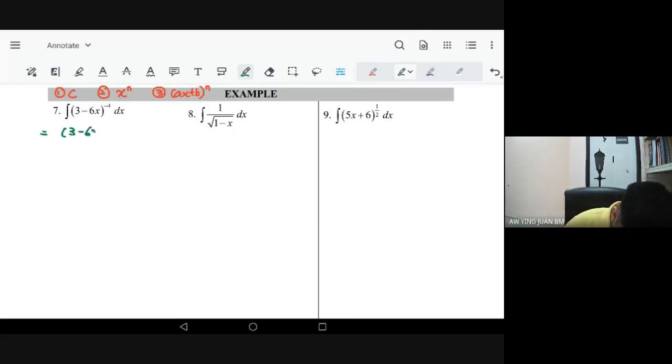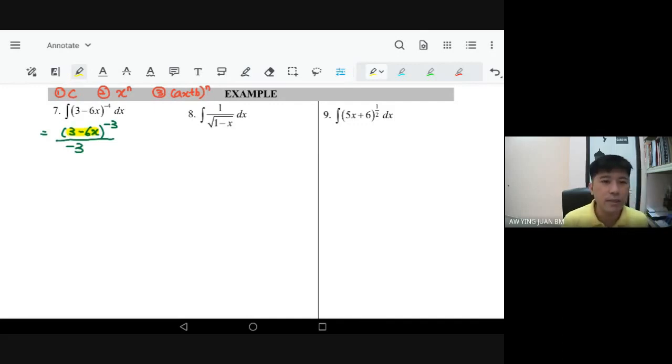3 minus 6x to the power of negative 3. Harap faham. And then over negative 3. Remember, differentiate the internal function. So, differentiate 3, 0. Differentiate negative 6x.